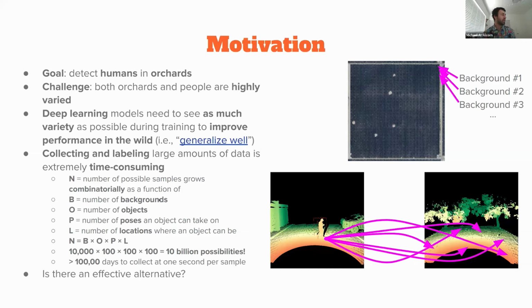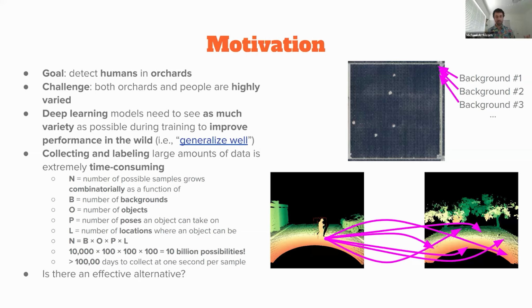We can have different backgrounds, where a background is a single snapshot of a specific location in an orchard. In a single orchard, you can have many thousands of different backgrounds, where we're talking again about different trees, potentially, or different ages of trees, different spacing of lanes, things along those lines. Different times of the year. Trees sometimes have leaves and sometimes they don't have leaves, things like that.